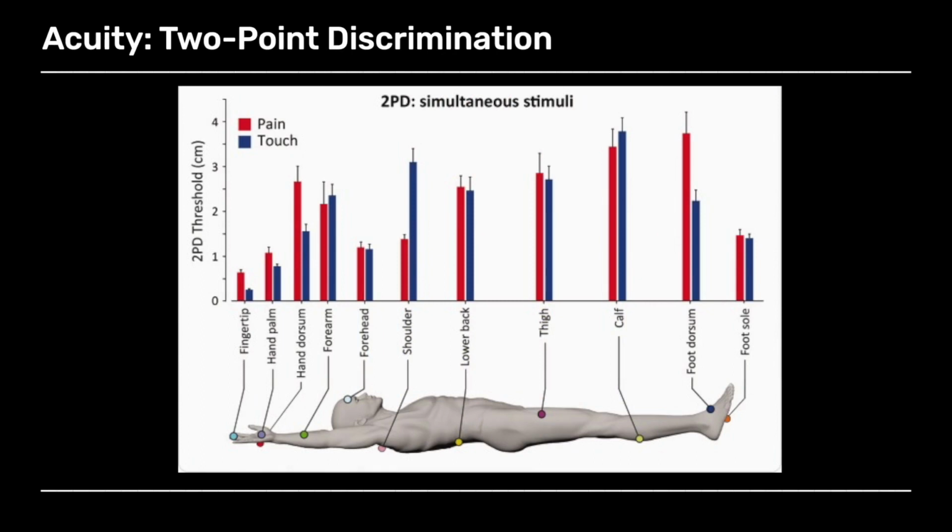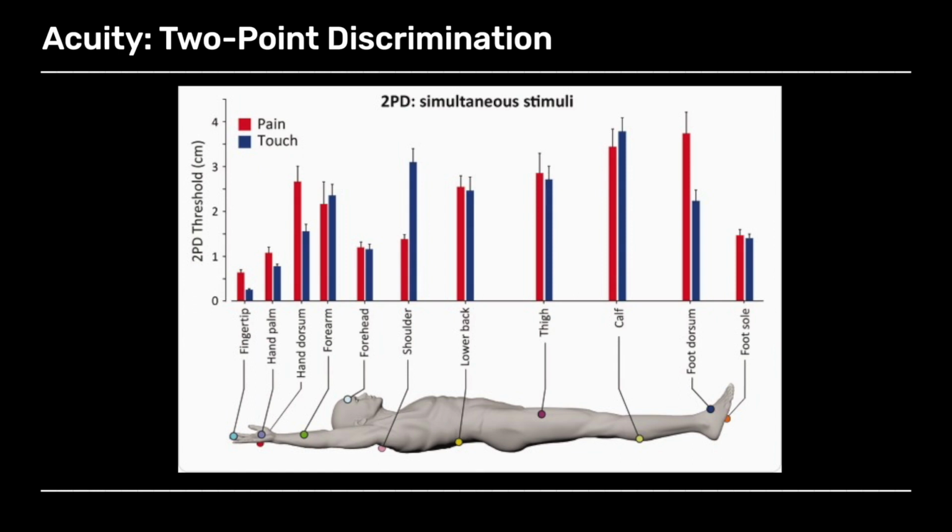In this next slide, we're looking at acuity. We mentioned acuity in the last lecture, and this is an important feature of our sense of touch. One way of measuring acuity is through a test called two-point discrimination. And exactly as its name suggests, this is the ability to detect or differentiate between two points of contact on the skin.